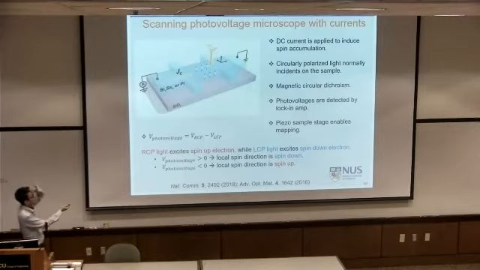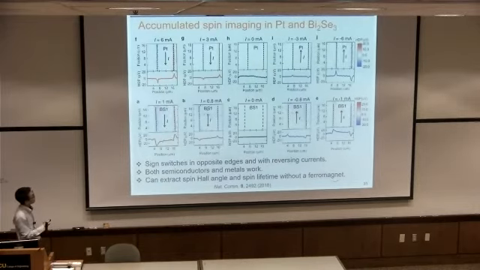Then we have a piezo sample stage, and you can move around, and eventually you can make a two-dimensional mapping. So we apply this to a very well-known metal like platinum. This is a top view of the channel, and you apply 0 current. Obviously, nothing should happen because there's no charge current, there's no spin current. Then we increase the amount of charge current, 3 milliamps.